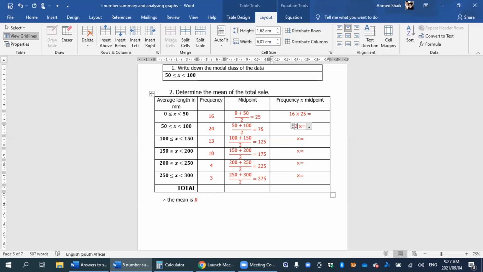Our second interval, we've got 24 times 75. Our third interval, we've got a frequency of 13 times a midpoint of 125. Our fourth interval, we have a frequency of 10 times a midpoint of 175.